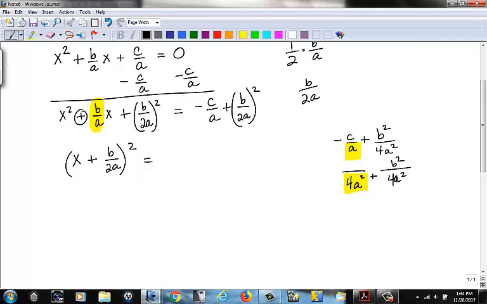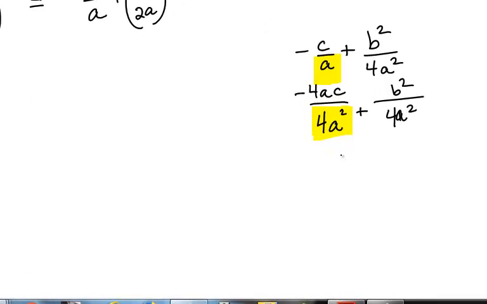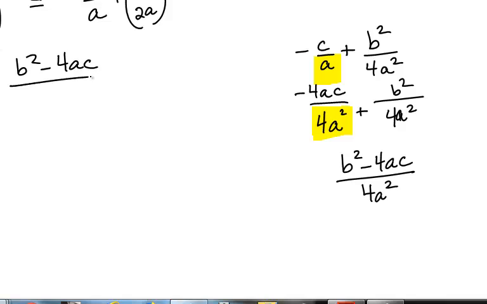So I got to multiply the top by 4a. So that's a negative 4ac. Okay? So we would have, and I'm going to go ahead and combine it the way they would in the formula, b squared minus 4ac over 4a squared. All I did was rearrange the top terms. So this is b squared minus 4ac all over 4a squared.